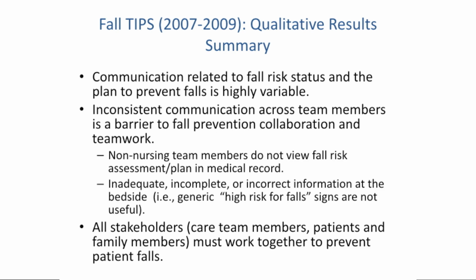So what we found was that the nurses who do the assessment, obviously they know which risk factors their patients have, but they don't always use those risk factors to tailor a plan for each patient. They also don't always communicate the results of the risk assessment and the tailored plan to the rest of the team. So we found that there was some inconsistent communication across team members, and that this could be a barrier to fall prevention, collaboration, and teamwork.